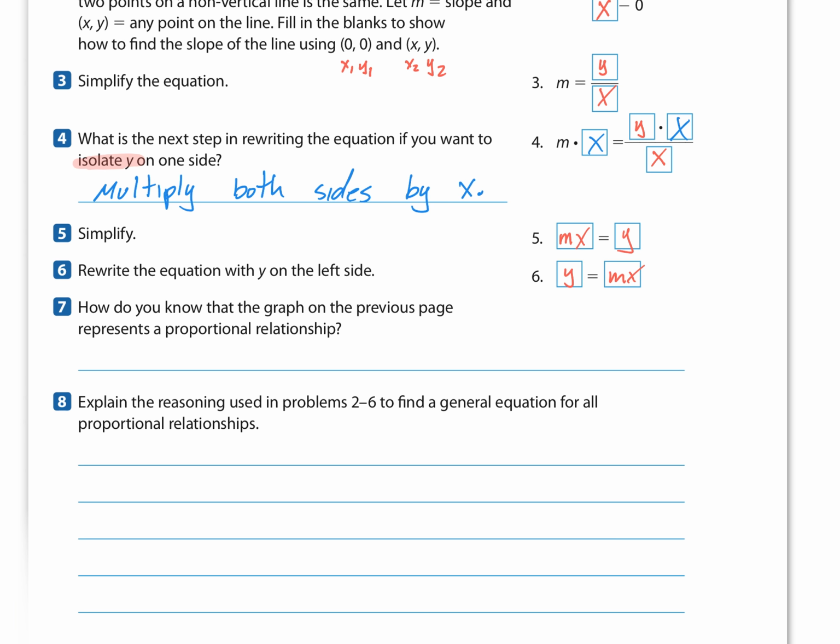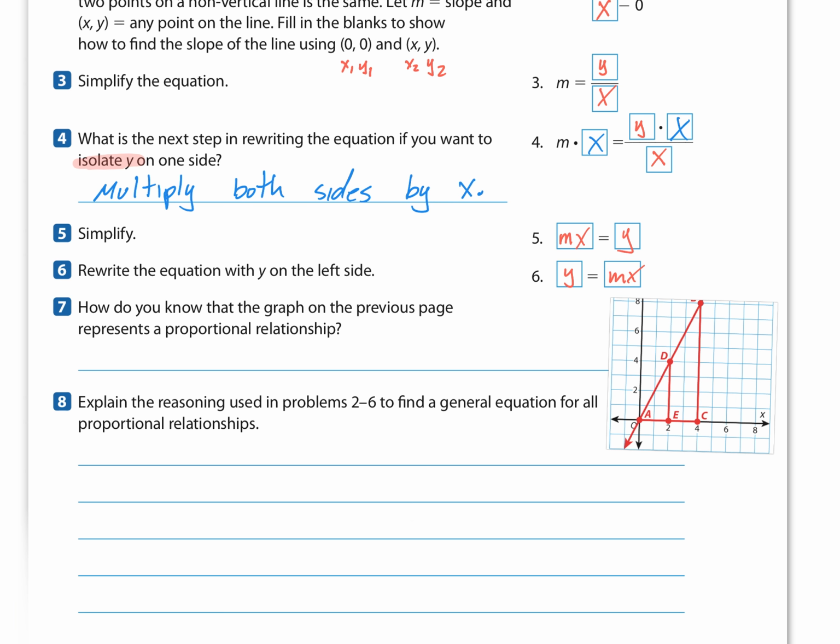Now, I need a volunteer to read number 7. Maria. How do you know that the graph on the previous page represents a proportional relationship? Right, can somebody answer 7 for us?